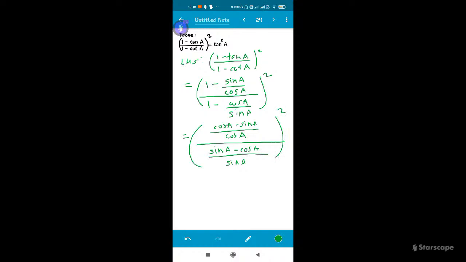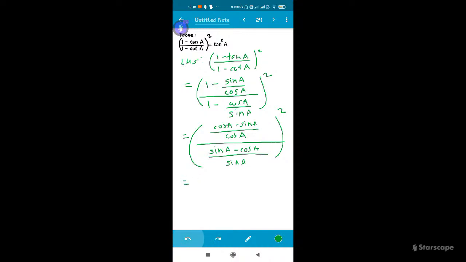So as you can see, in the numerator we have cos a minus sin a, but in the denominator part we have sin a minus cos a. The same thing again. In order to make it the same, there will be a negative sign which will be taken as common. So let me write it in that manner.